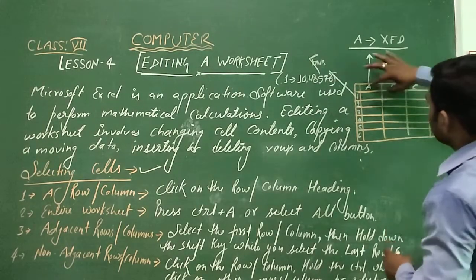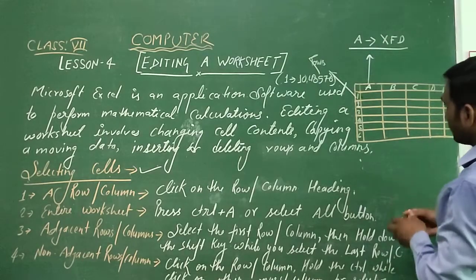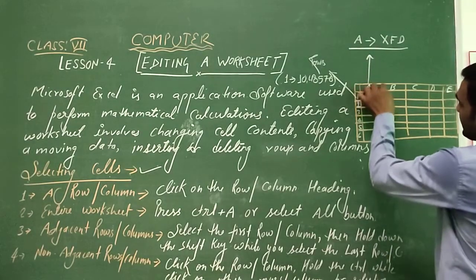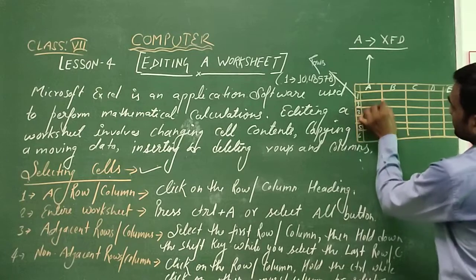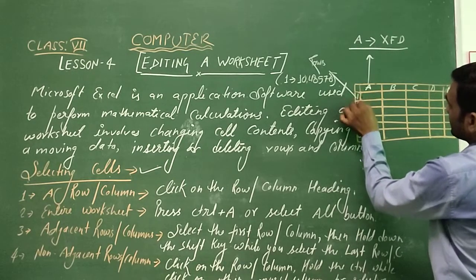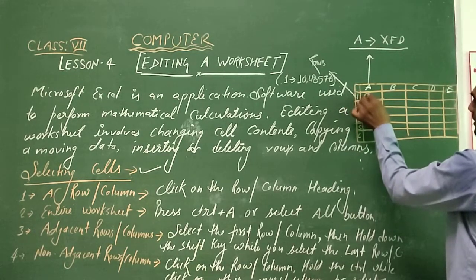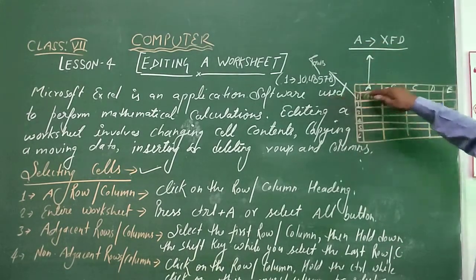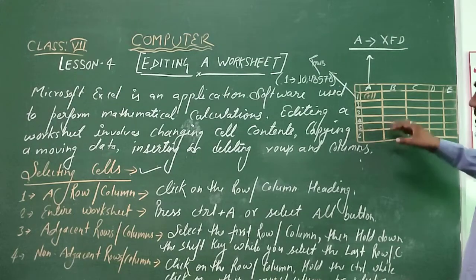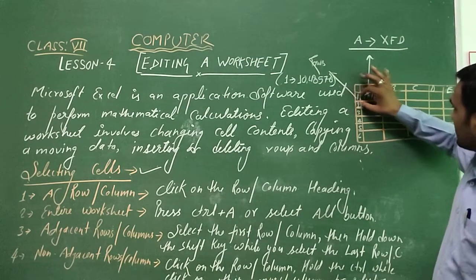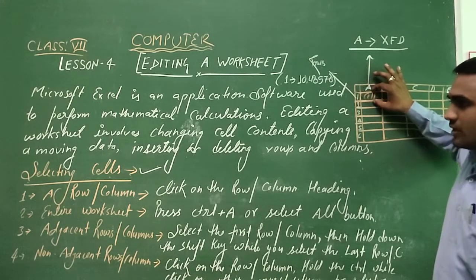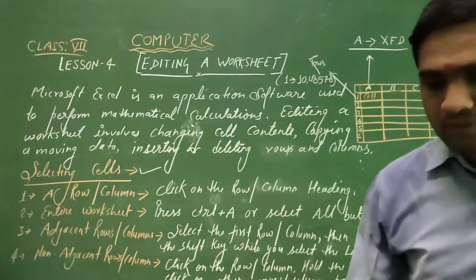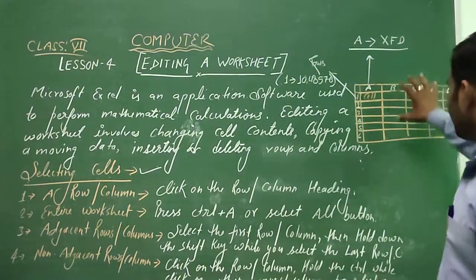Now the intersection between rows and columns, this area is called a cell. This is the intersection between rows and columns, and this rectangular shape is called a cell.